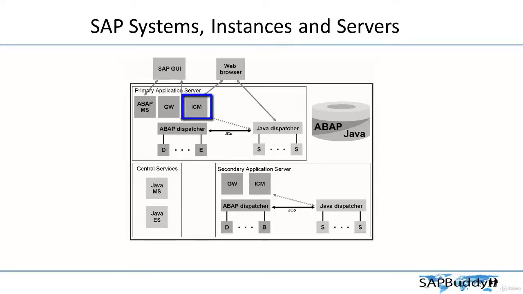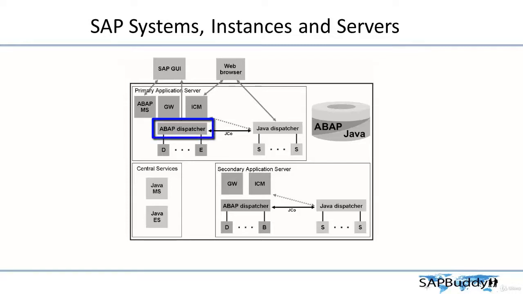You can see here ICM, that is the Internet Communication Manager, is an interface to the internet. It can deal with web requests as a server as well as a client, which we have seen before. It supports several protocols like HTTP and HTTPS, as well as SMTP, that is Simple Mail Transfer Protocol, and the SAP NetWeaver Application Server can also be used as a web server as well as a web client.